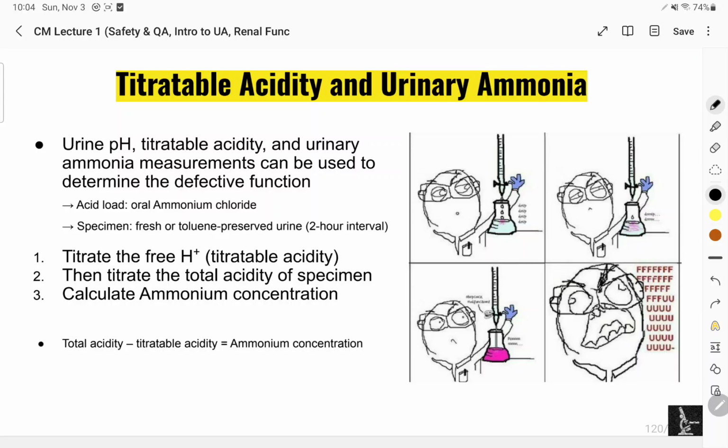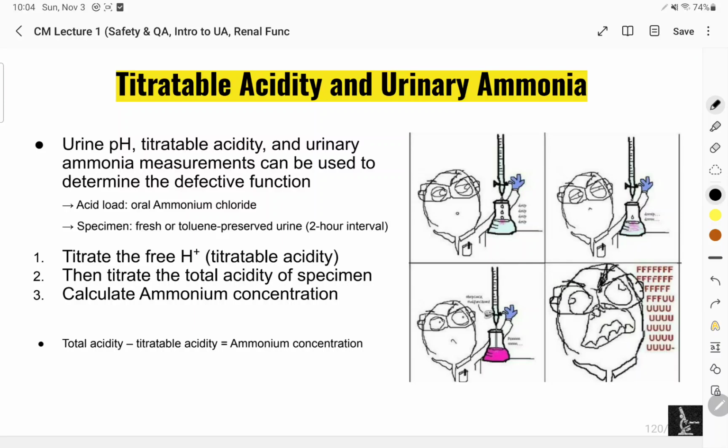We can see if the tubules or the kidney is able to maintain its function to maintain acid-base balance by reabsorbing bicarbonate and then secreting these acids like your free hydrogen, the ammonium, and even your dihydrogen phosphate.